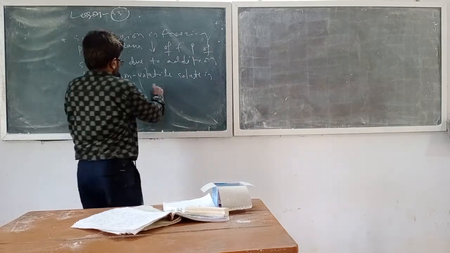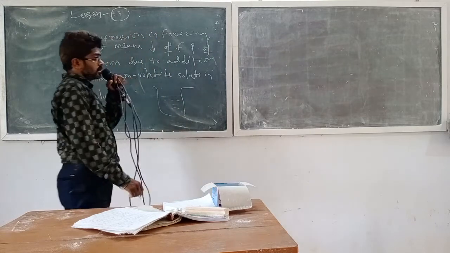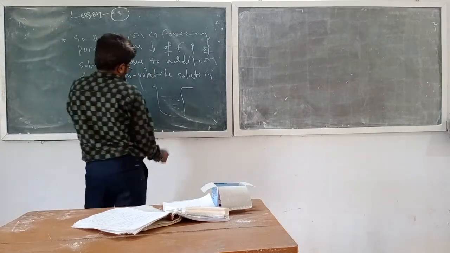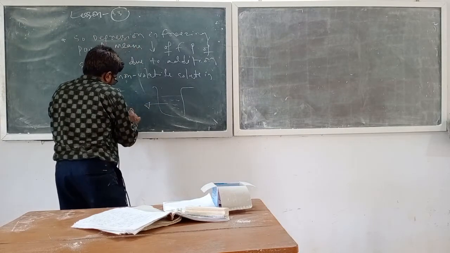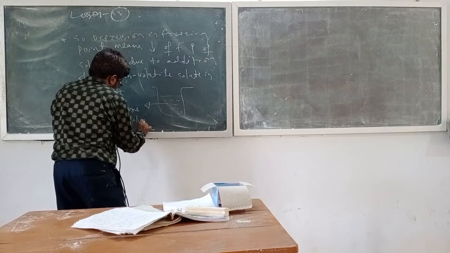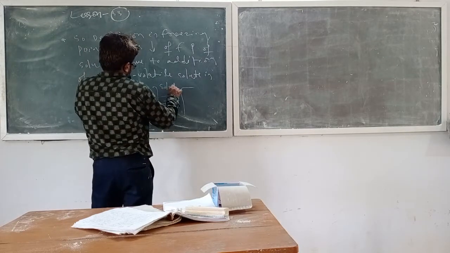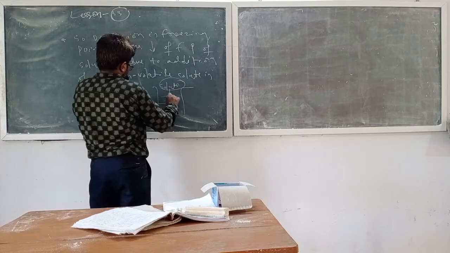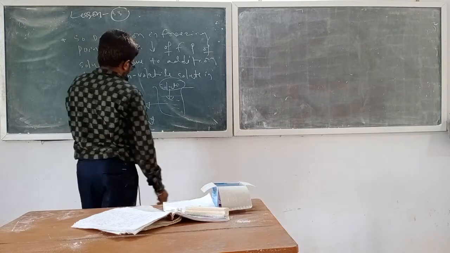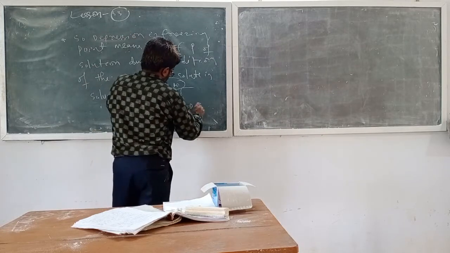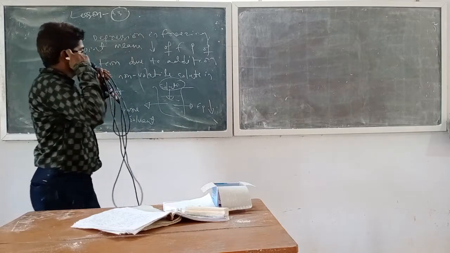Suppose this is a container, and in the container there is pure solvent. After adding the solute, it turns into a solution. So its freezing point will decrease. Why does it decrease?